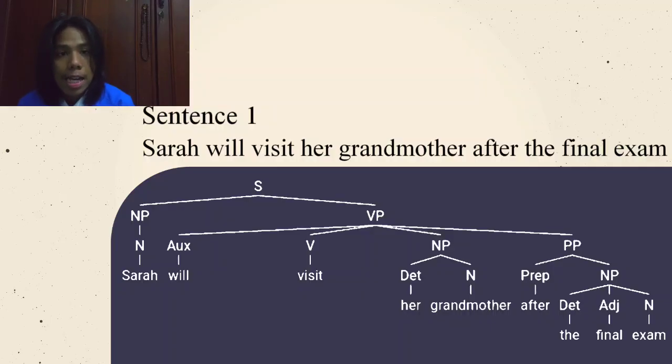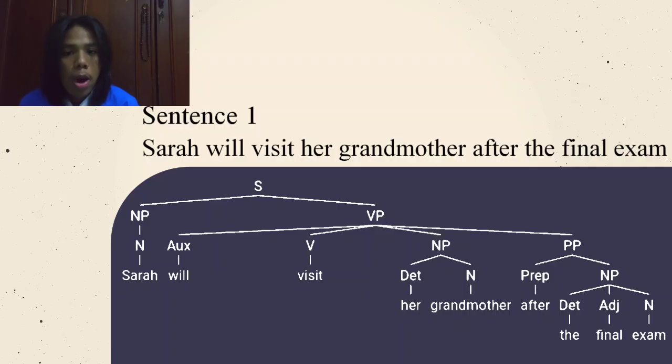So "her" in this case is not a pronoun but a possessive adjective or possessive determiner. It's all the same, whether it's possessive, determiner, or adjective. So let's continue.